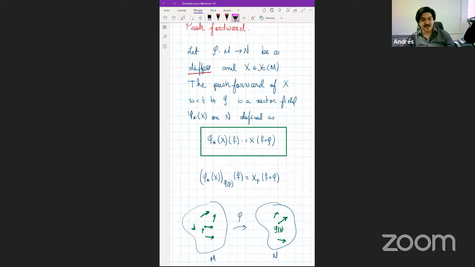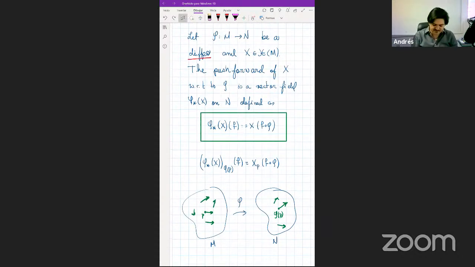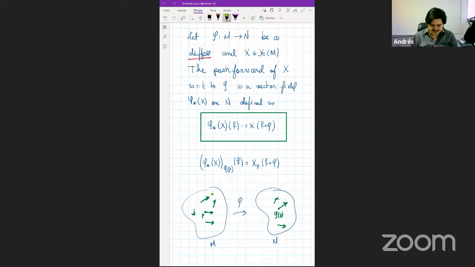Okay. Now, why is it important that it is a diffeomorphism? You see, imagine that you have here a different point Q that also maps here.